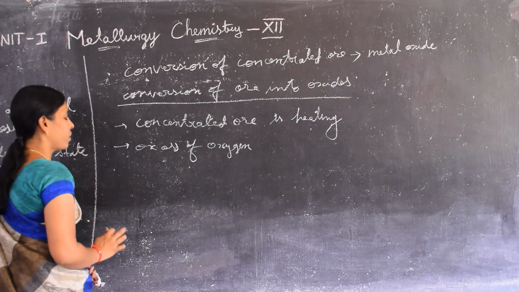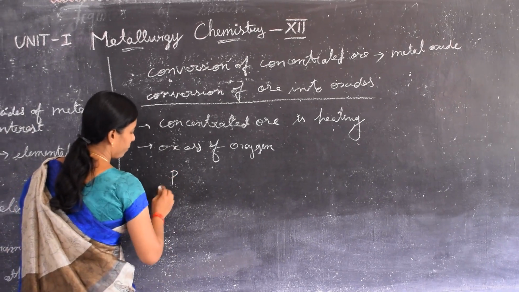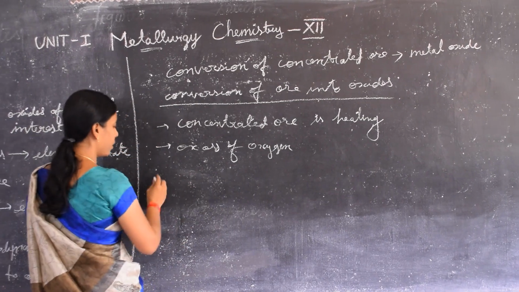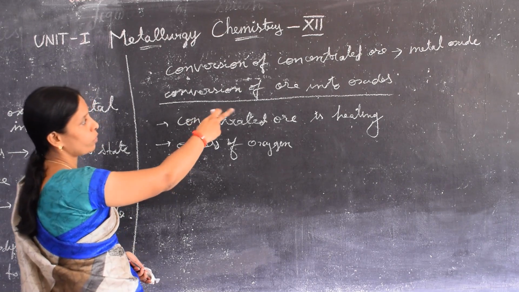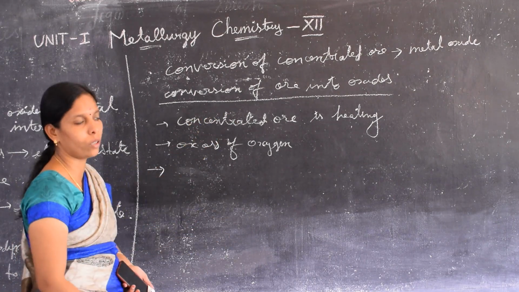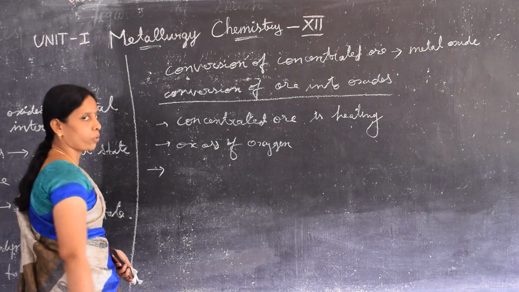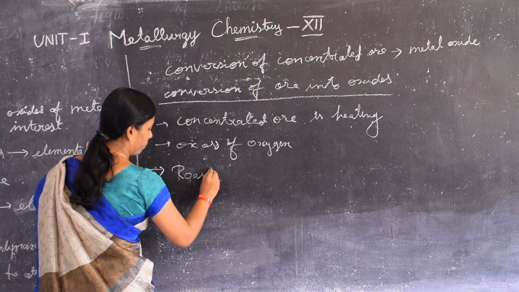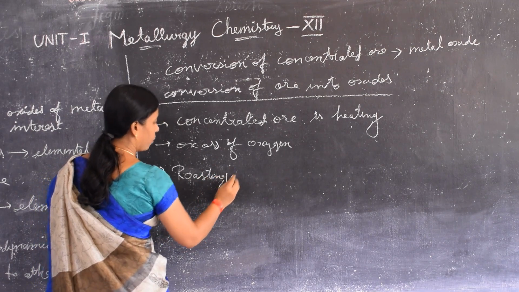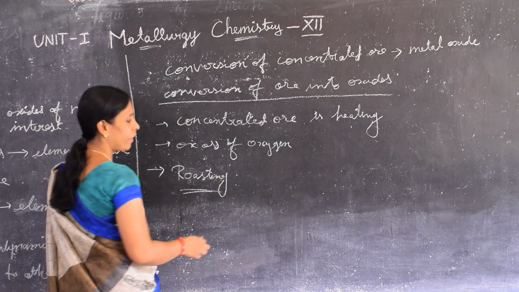Okay, so this is the process. For example, lead sulfide. There is a two-step process for conversion of ores into oxides. Two processes are followed: one is the roasting process, the other one is the calcination process. Let us first look at the roasting process. The roasting process is used for sulfide ores.